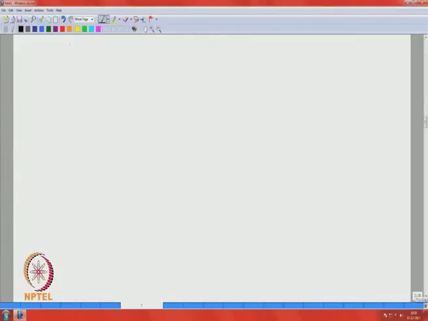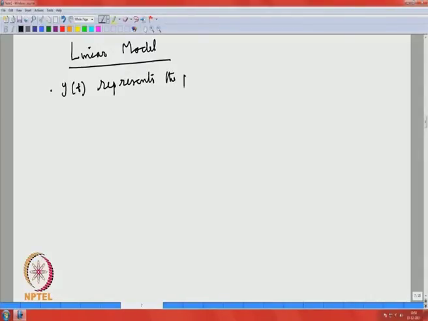So, we will have the linear model. Suppose y(t) represents the population at time t.